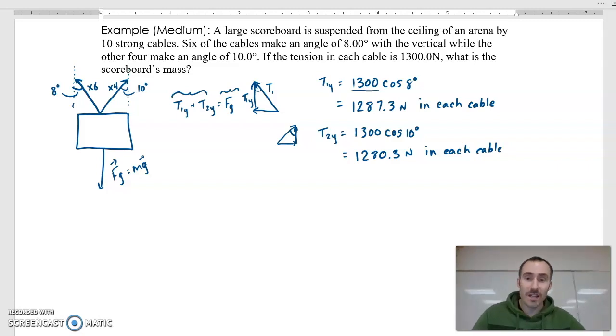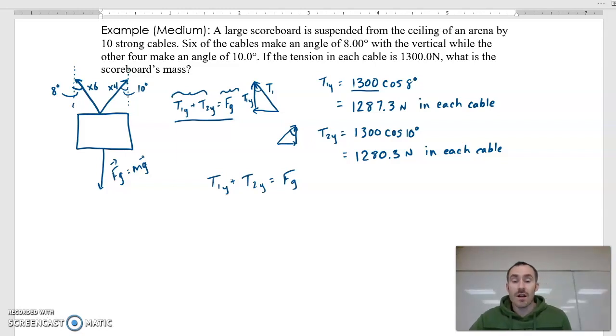You have to split your tensions into components and then use the correct components to figure out the piece of information you're looking for. And at this point we can go over to this fact that we wrote down at the beginning, that these two tensions put together equal the force of gravity. So let's write this down one more time. T1y plus T2y is equal to the force of gravity. Okay, and we're looking at just magnitudes here.